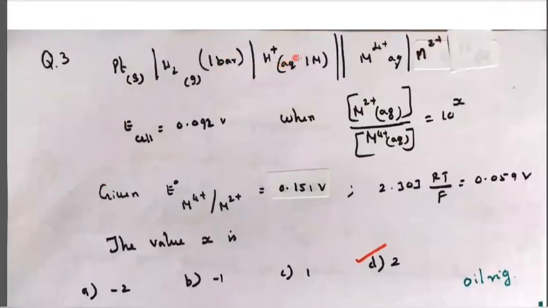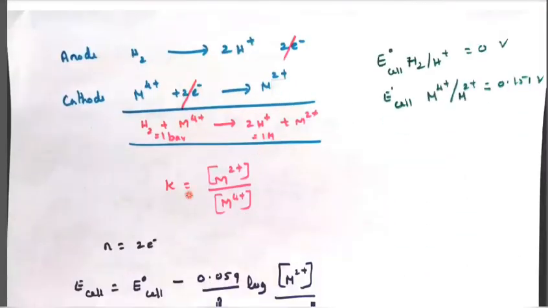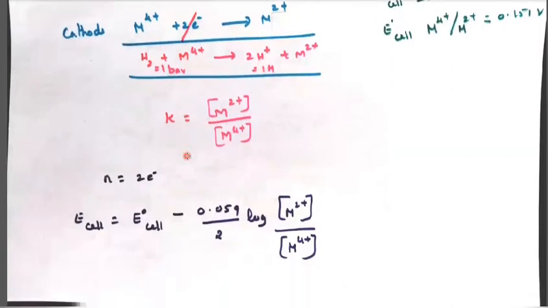So 1 bar for hydrogen and 1 molarity for H plus concentration are given. So K is product divided by reactant. The product is M2 plus, and H plus is 1. The reactant is M4 plus, and H2 is 1.